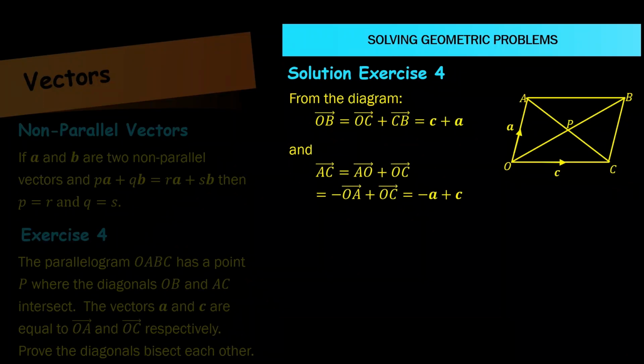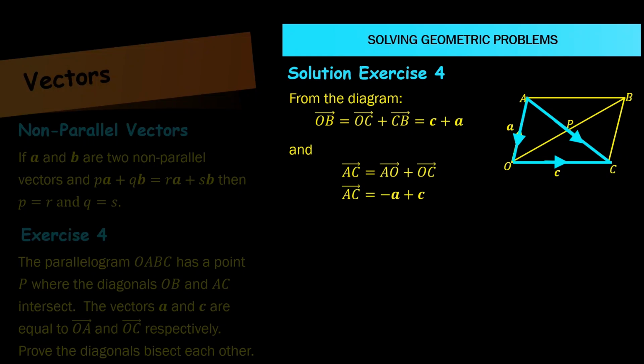So we have that AC is equal to minus a plus c. And so we have AC equals minus a plus c.